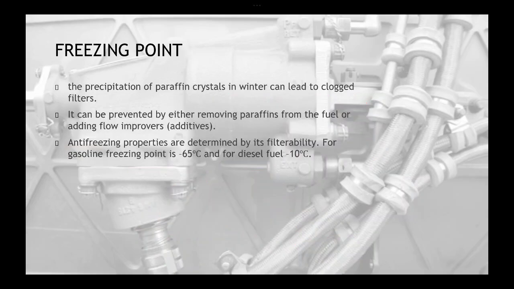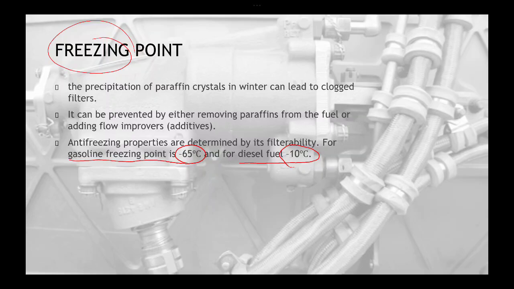Okay, now we have the freezing point. As from the word freezing, it is where it becomes solidly cold. That's the freezing point. The freezing point for gasoline is negative 65 degrees Celsius, and for diesel, that's negative 10 degrees Celsius.